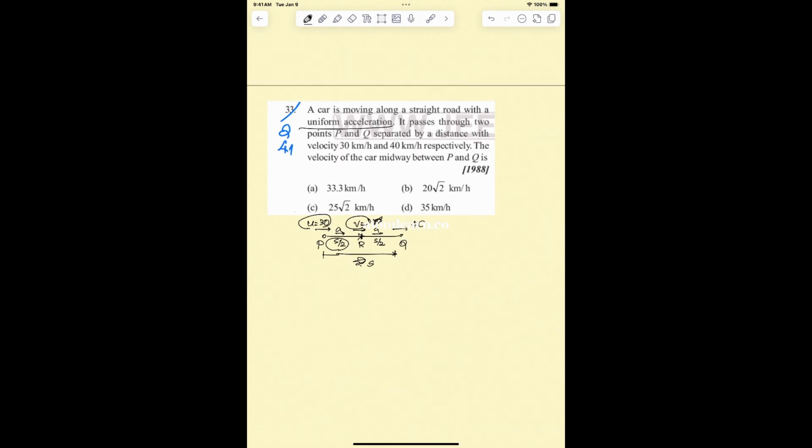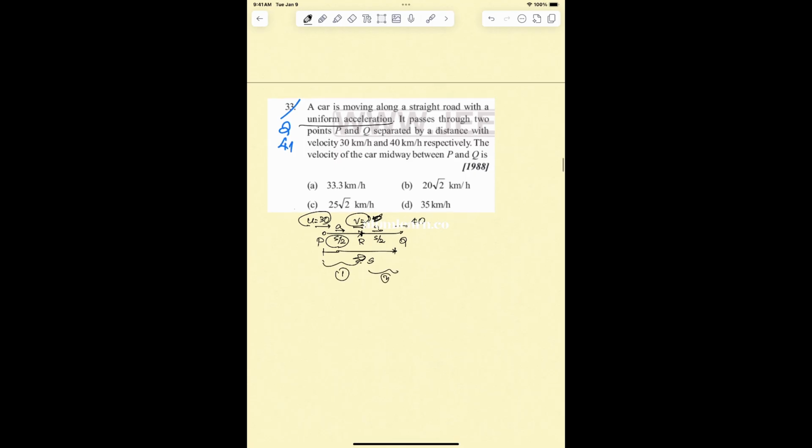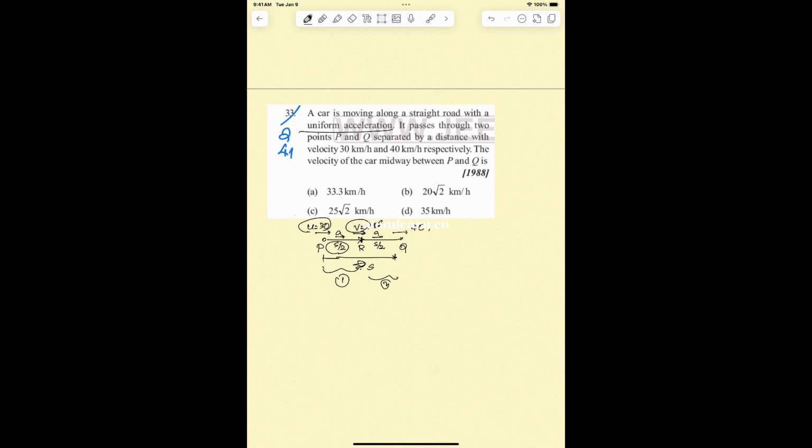Now let us put this unknown. We are taking the first part up to the half distance. The second part is another half distance. Therefore, V squared unknown, that is the velocity at point R, equal to 30 squared plus 2A into distance S by 2.